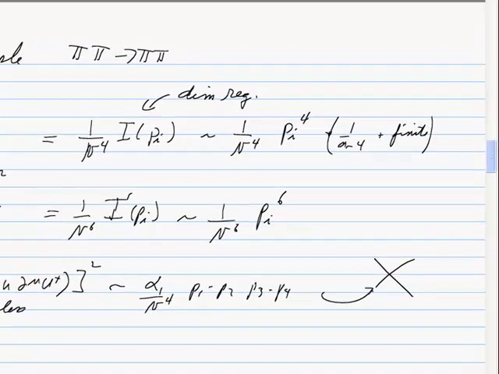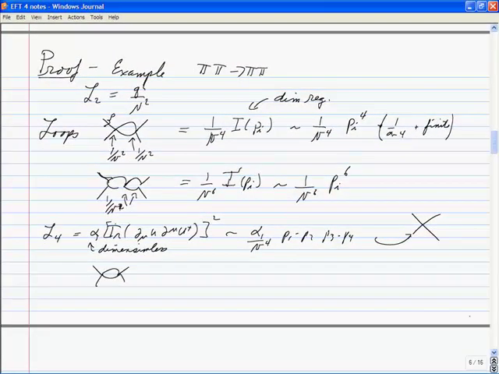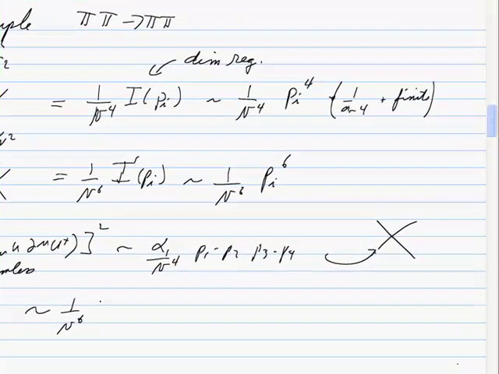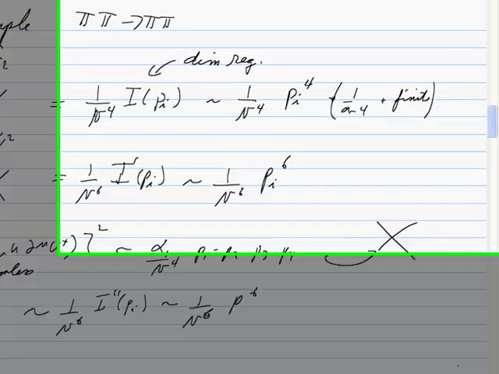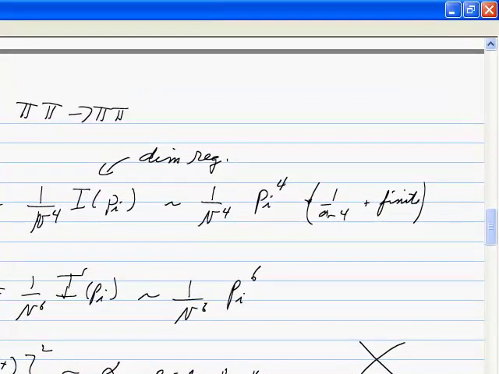If I do a one-loop diagram with that, I get this guy. It goes like alpha 1 over v to the fourth. This guy goes like 1 over v squared. So I've just used one of these guys. Just by counting powers of v, it's 1 over v to the sixth times some loop integral, v to the sixth, p to the sixth, which is what Weinberg's theorem says it should be. If I use that in one loop, I get p to the sixth by Weinberg's theorem.